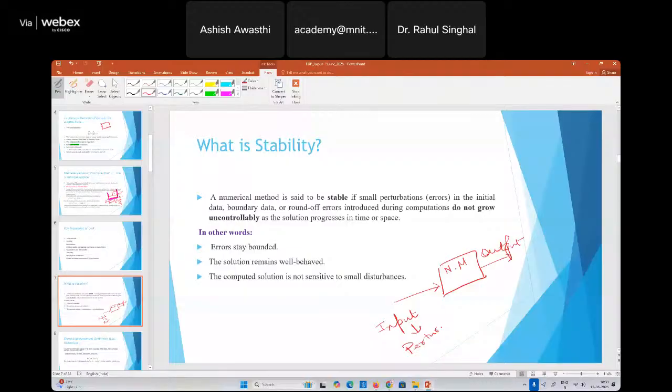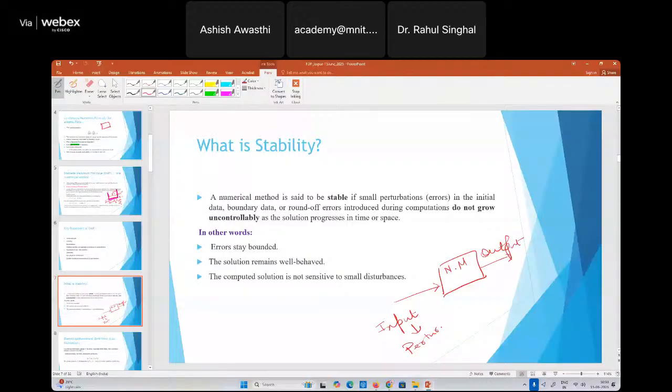So these errors will be generated for every system. It is not in your control, right? So those errors also should be under control. They should not grow. That is the reason we are always worried that the system should be a stable system. Otherwise, even if there is no error in the input data, initial or boundary, there will still be something going on inside the system when you do the calculations.